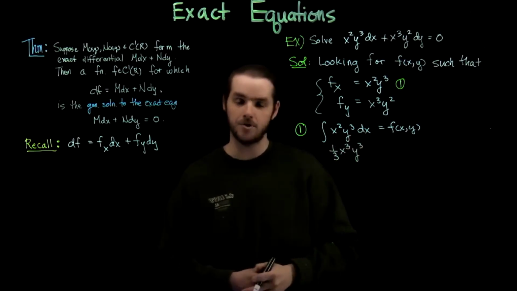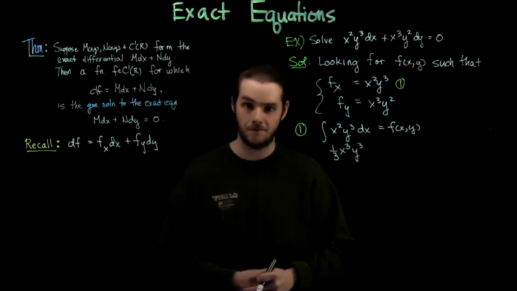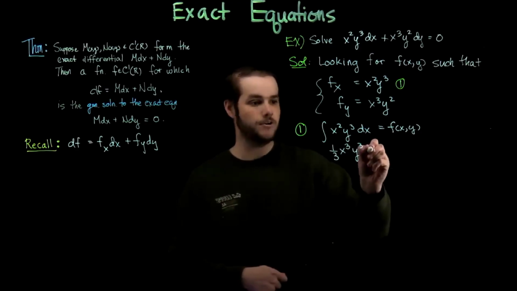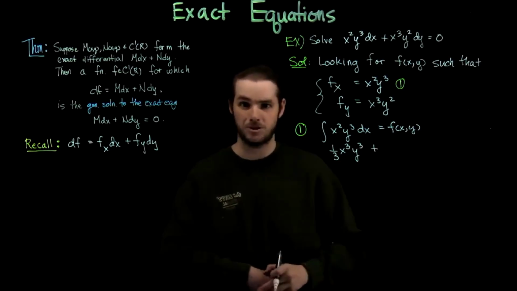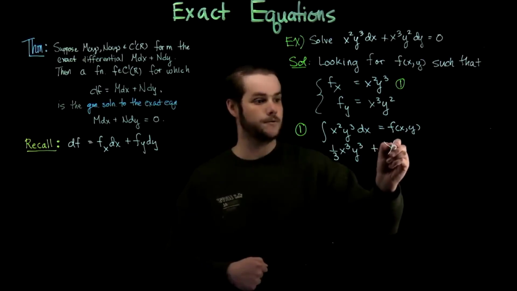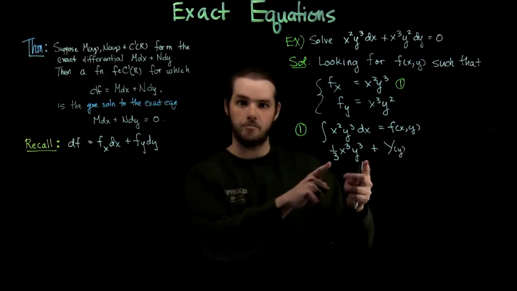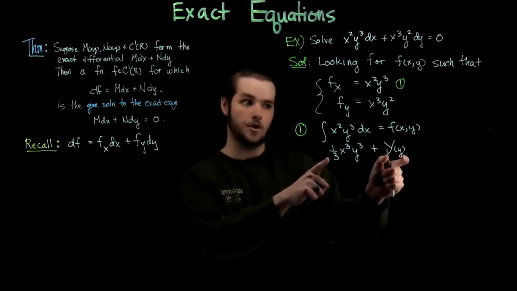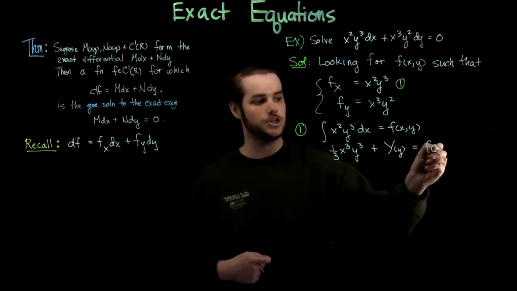But now that I have a multivariate function, we've got to be a little bit more careful. I don't just have a constant of integration, but there may very well have been an entire function of y's only, whose partial derivative with respect to x would drop. So I'm going to call that capital Y of y. So I get this antiderivative, plus I might have an extra piece that only has y's in it. I'm not able to uncover that information just yet.